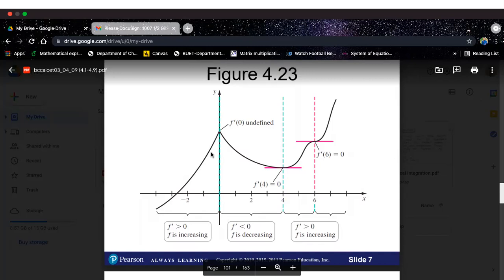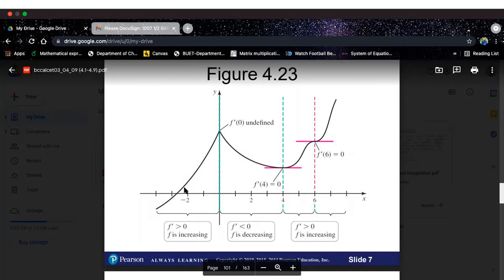And if you draw a tangent line at any point, you will see it creates an angle less than 90 degrees with the x-axis. That means our first derivative is also positive, right? And definitely it also signifies that our function is increasing on that interval, right?